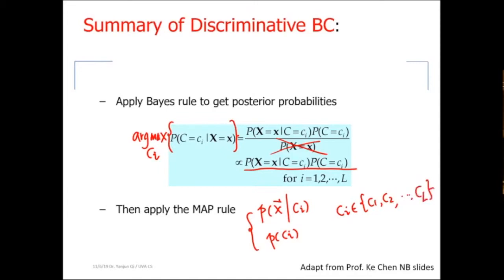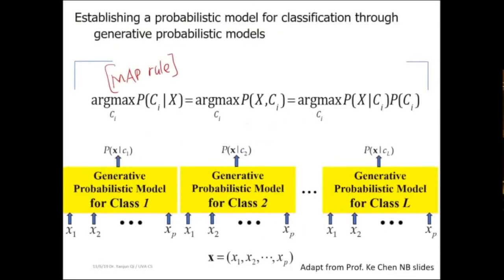So try to remember this, and this is how you do the calculation. You need to estimate from data P(X given C) and also P(C_i).